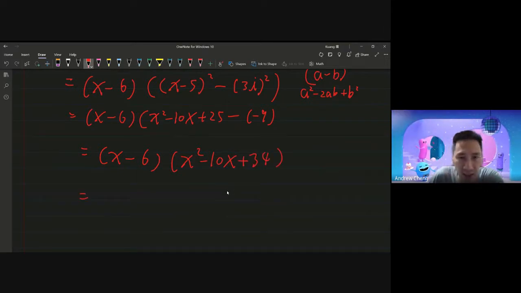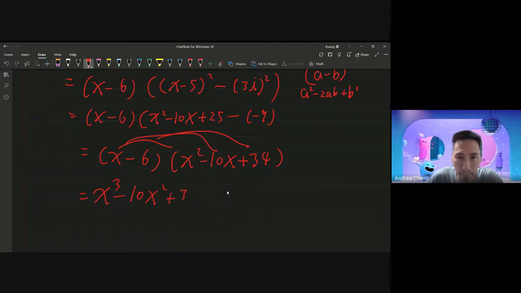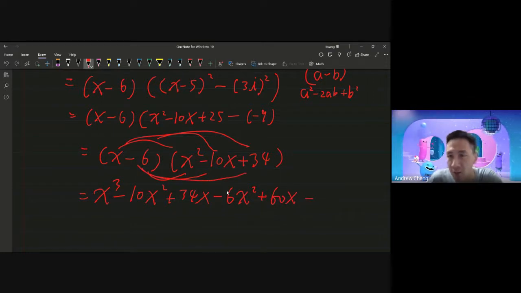All right, lastly, do this one. Negative 6 times x squared is negative 6x squared. Negative 6 times negative 10 is plus 60x. Lastly is negative 204, is it? Yeah, I guess.